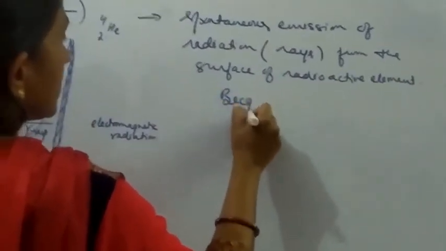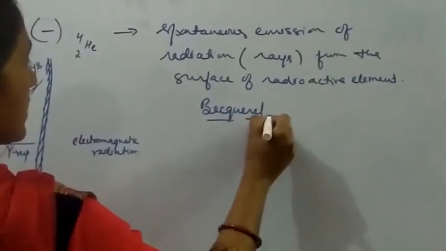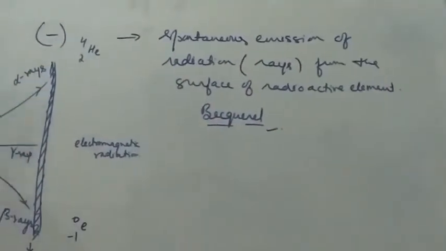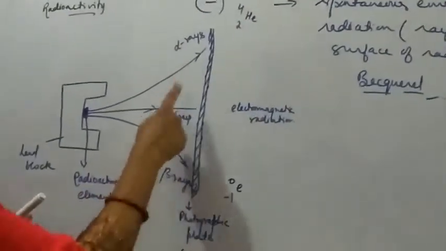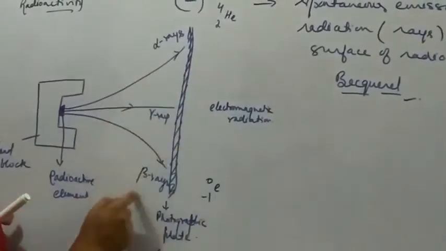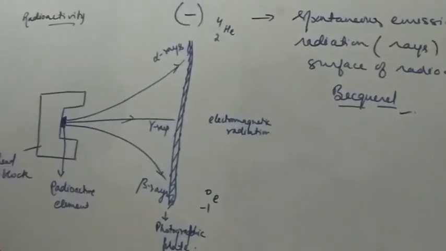And this was studied by Becquerel, right? And the radiations were divided into three main types: alpha rays, beta rays, and gamma ray radiations.